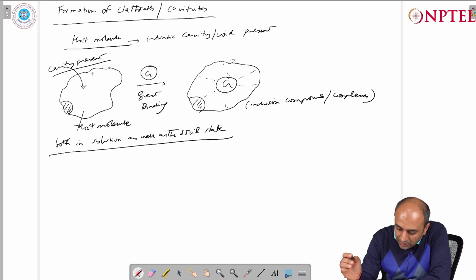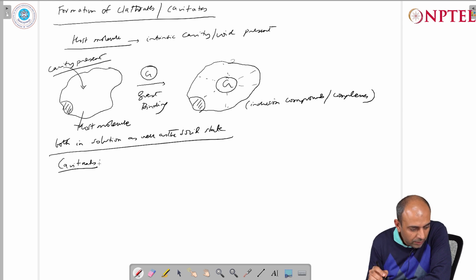So, these host molecules are called cavitands. So, what is a cavitand?